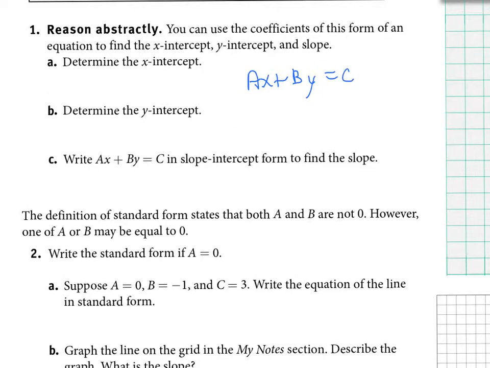If I'm finding the y-intercept, I can just cross out the x and then solve. So y equals c over b. Okay, pretty simple. And I'll show you in a second what that looks like. It's very, very simple.